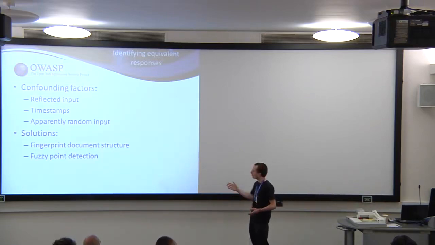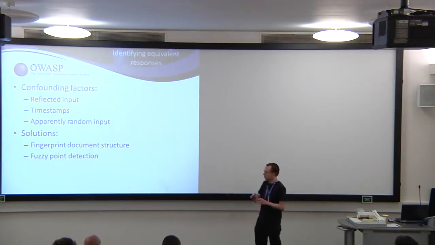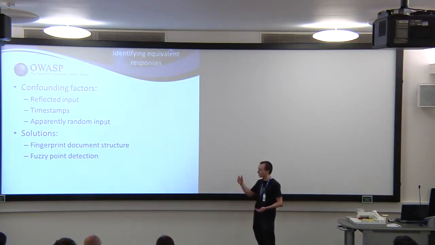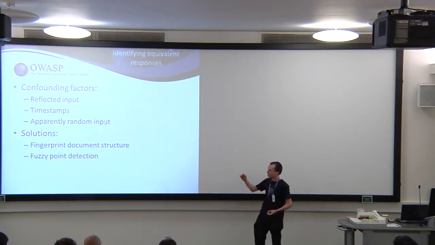They have all kinds of content that just changes every single time. They often reflect input, which is fairly easy to handle, but they will also transform the input in unknown ways by encoding it and such like, which is harder to recognize. They will put timestamps in, and they will just put random input in.